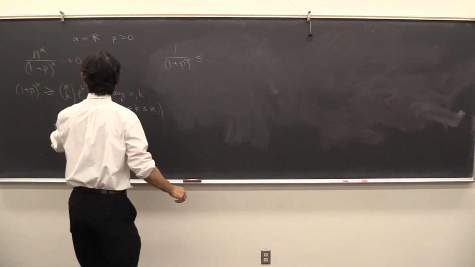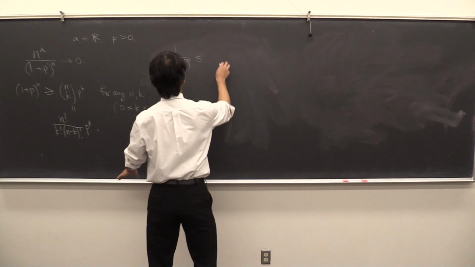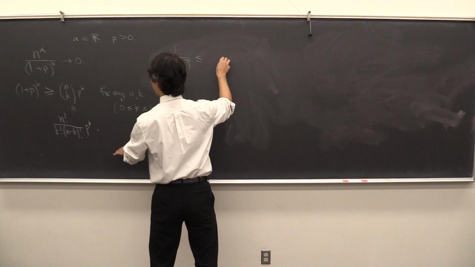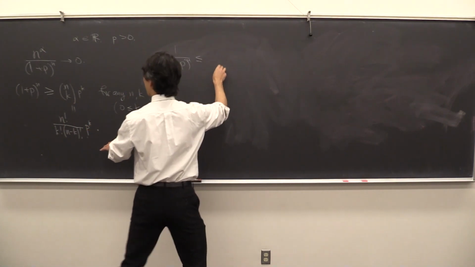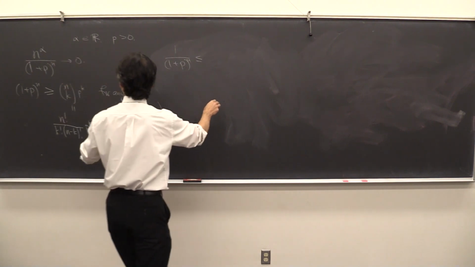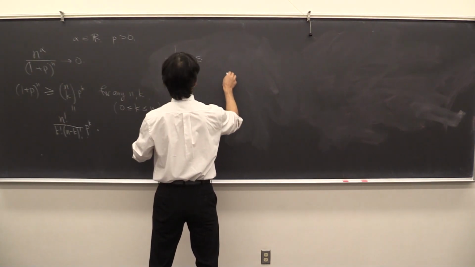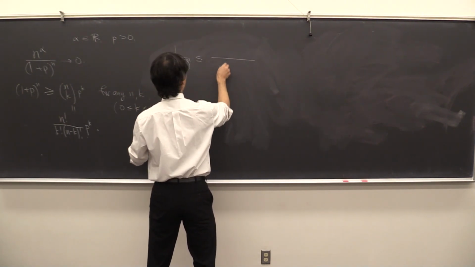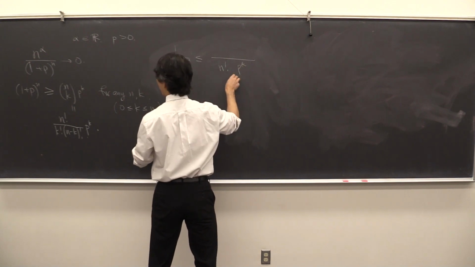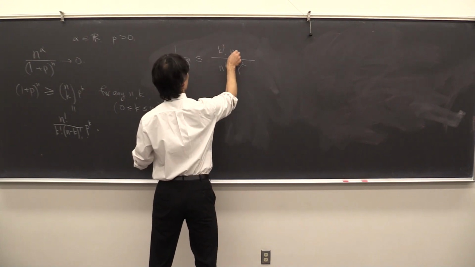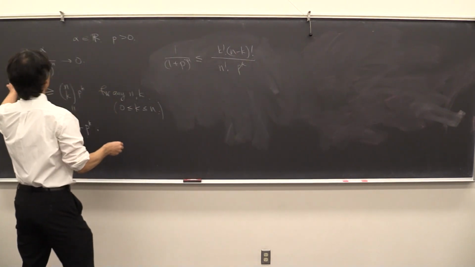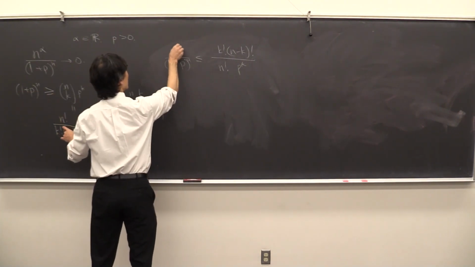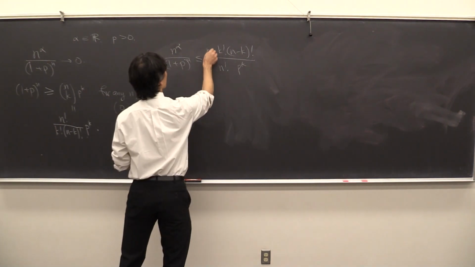So we get n factorial on the bottom, p to the k, k factorial, n minus k factorial, and then multiply both sides by n to the alpha.